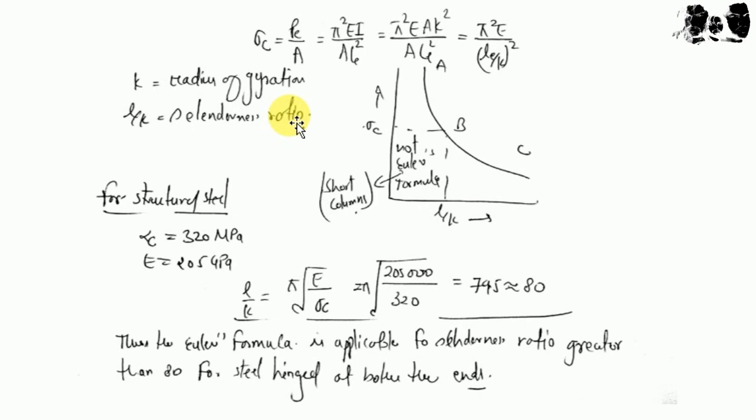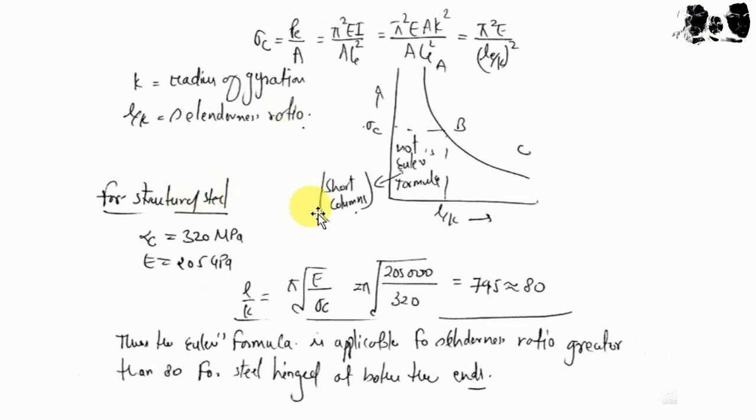K is the radius of gyration, and L upon K is the slenderness ratio. This slenderness ratio defines how much the beam has its cross-sectional width relative to the length. By this we can deduce how much it is in width compared to its length.